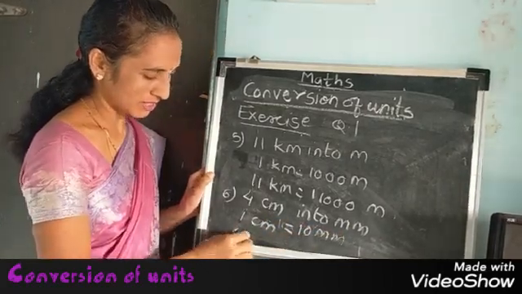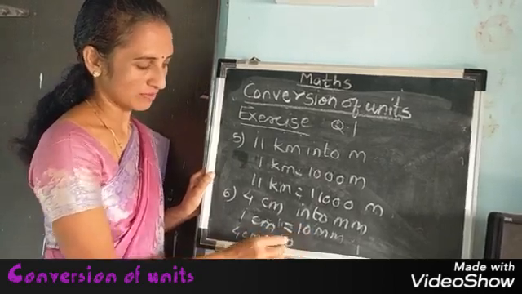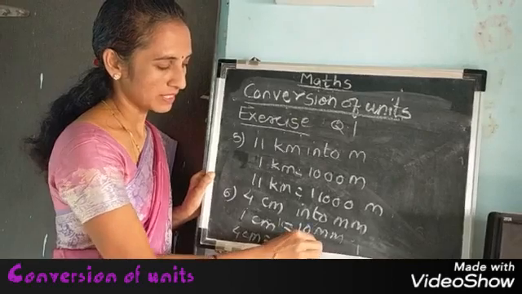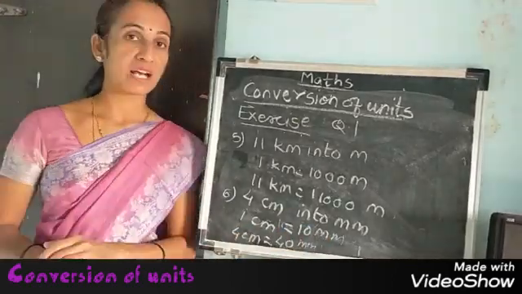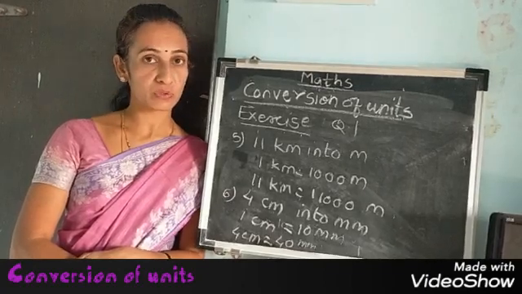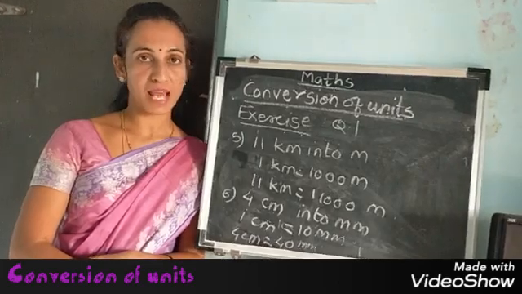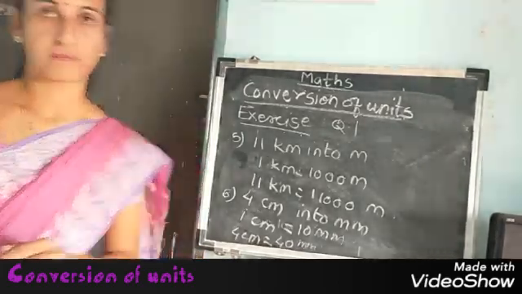Now 4 centimeter is equal to, on 4 how many zeros I have to give? Only one. 40 millimeter. So students, in this way you have to solve this question. We will see the question number 2, match the following, and question number 3, fill in the blanks in textbook.